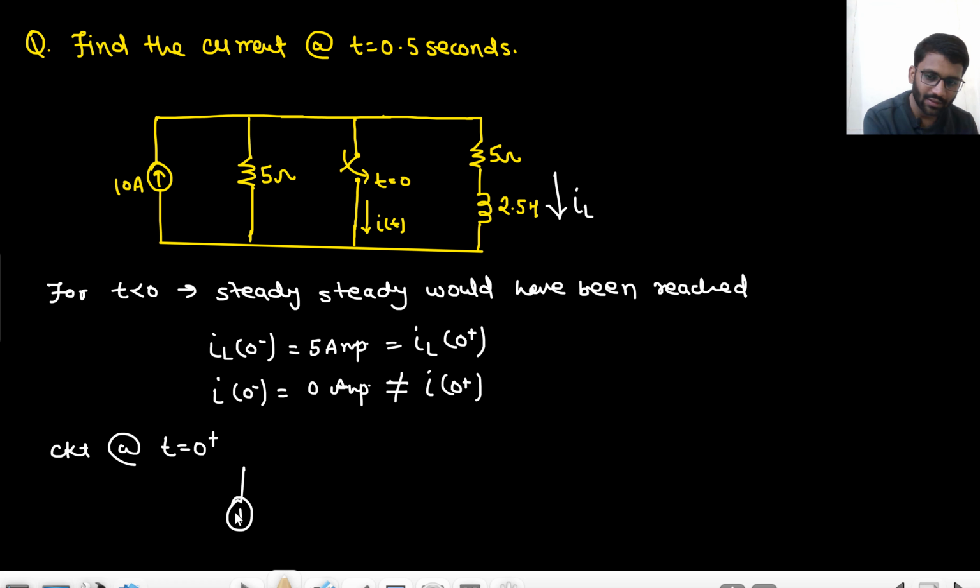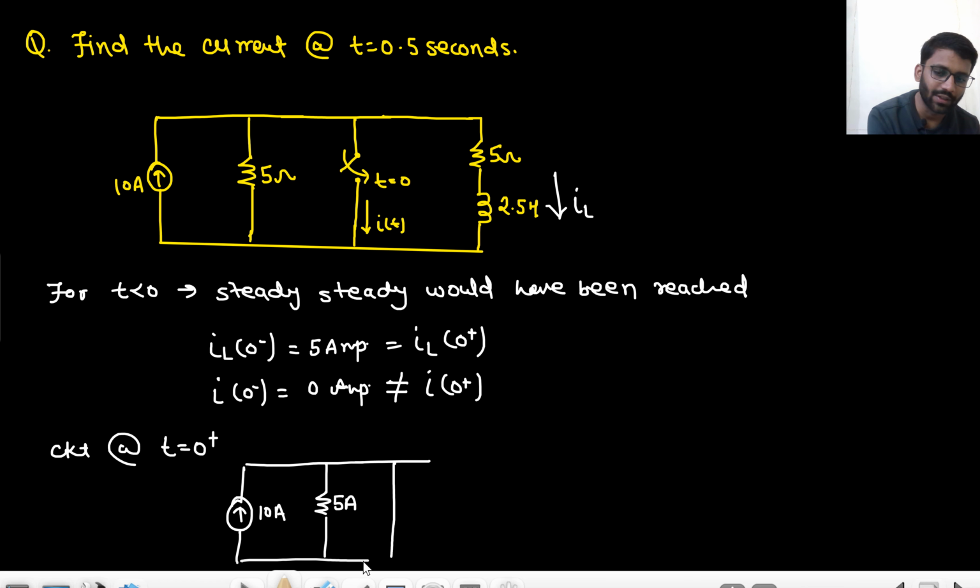Here I have 10 ampere current. Now there is a very interesting thing, that's why I have taken this example. Here I have 10 ampere current. Here I have 5 ampere current. This is shorted, right?